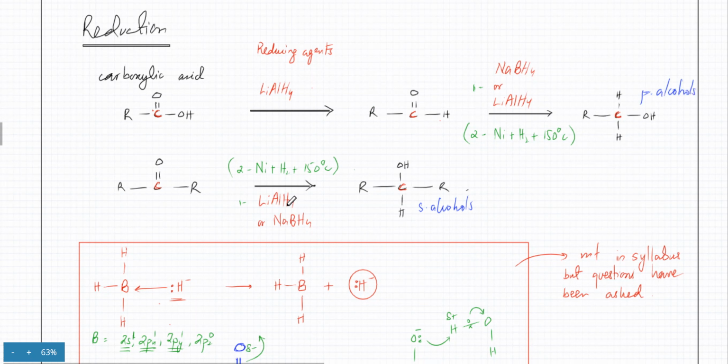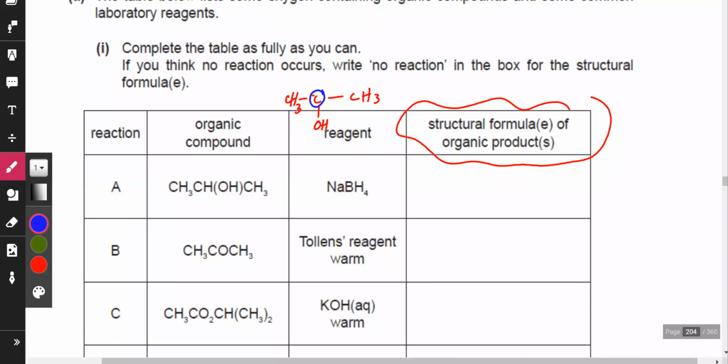So primary and secondary alcohols are formed as a result of reduction. You can't reduce them. You can reduce a ketone and it turns into an alcohol. That's a secondary alcohol. You can reduce a carboxylic acid, which turns into an aldehyde and then turns into an alcohol. So the end result is an alcohol. But over here, as they have stated, there would be no reaction. Secondary alcohols are a product of reduction. I mean, they don't get reduced themselves.